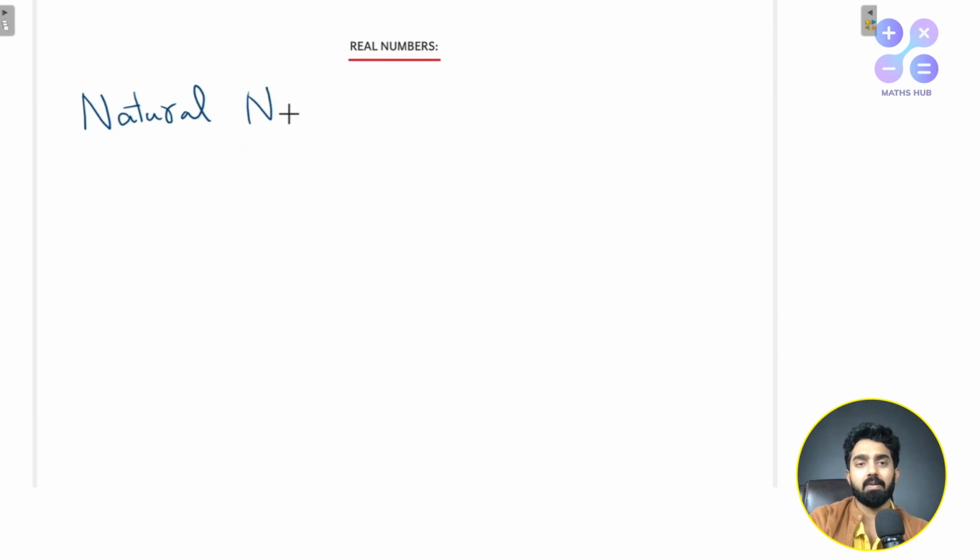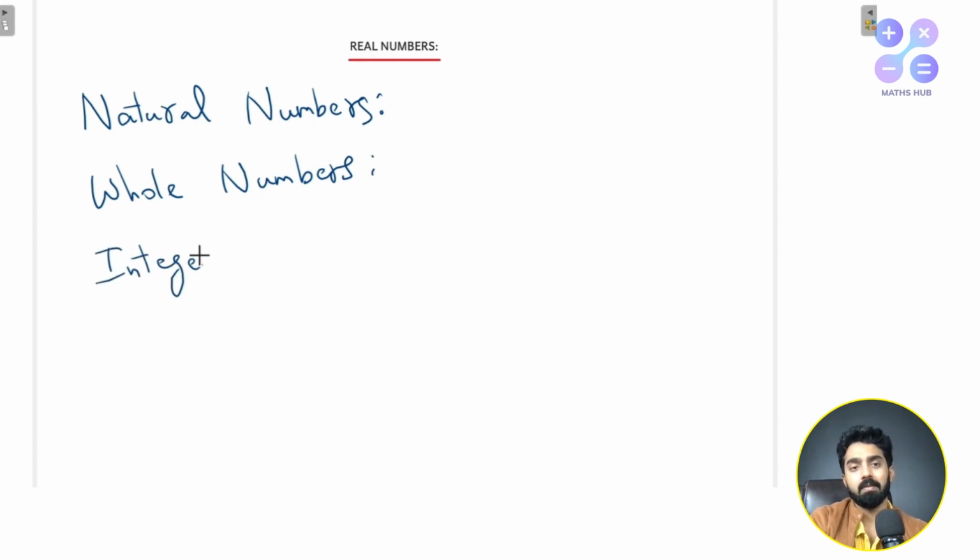The first bucket is natural numbers. These are all called natural numbers. And then we have whole numbers. And then we have integers. And then we have rational numbers.